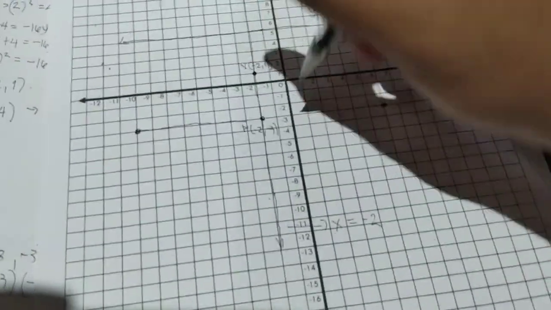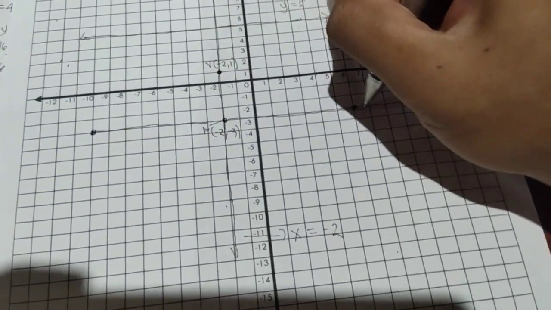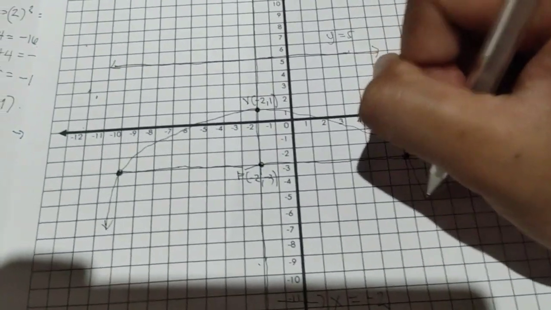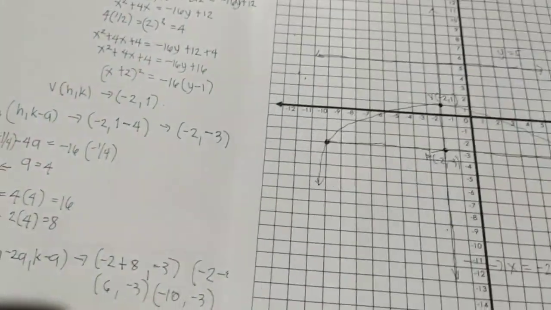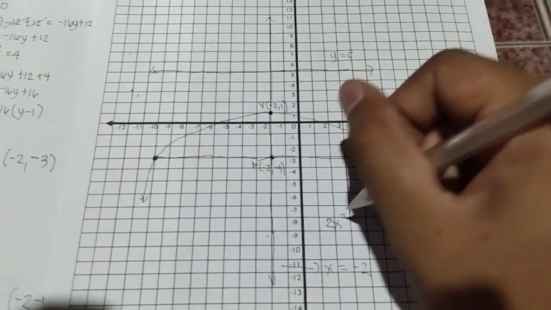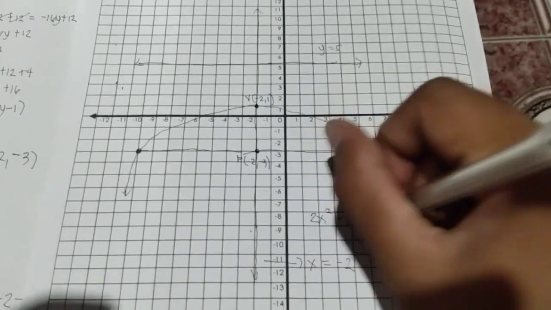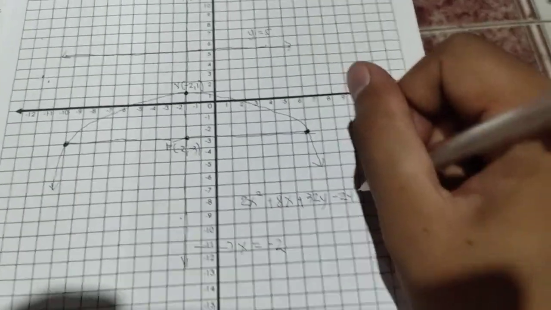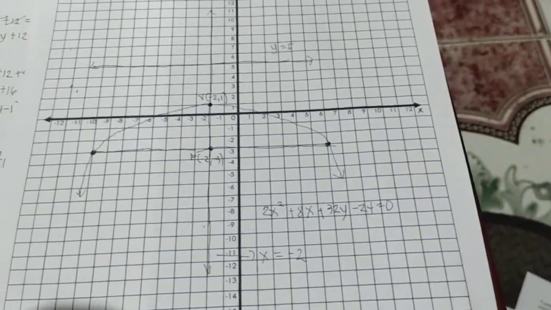Then after that, in order for us to complete the graph of the parabola, we just need to connect the vertex of the parabola to the endpoints of the latus rectum. So this is the graph of the parabola that has an equation of 2x squared plus 8x plus 32y minus 24 is equal to 0.